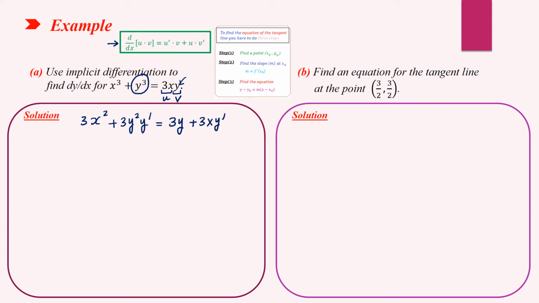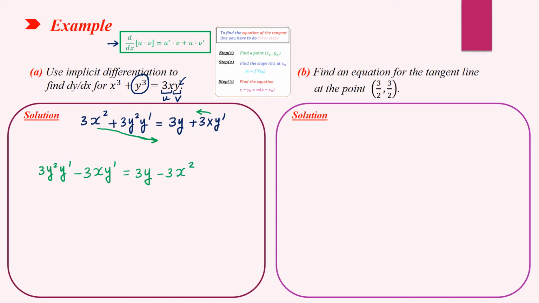Then you have to group the terms that have y prime and put them on the left hand side. So you have to move 3x y prime to the left hand side and move 3x squared to the right hand side, and you will get 3y squared y prime minus 3xy prime equals 3y minus 3x squared.